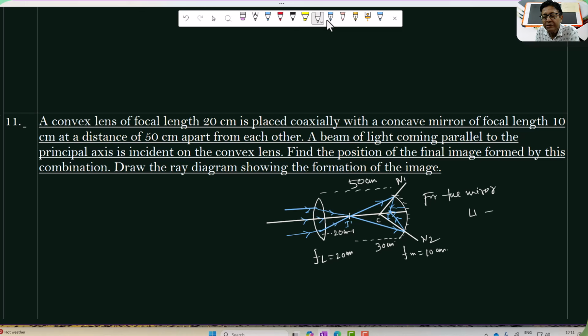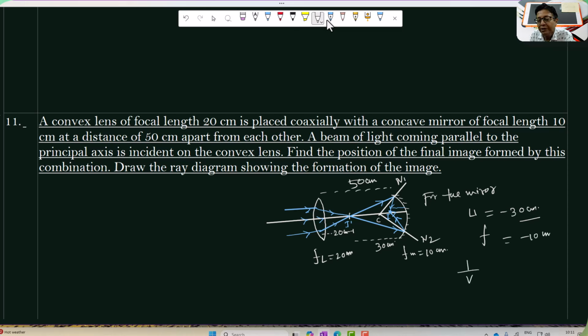So for this mirror, U is minus 30 centimeter. F is what? The focal length they have given, this will be minus 10 centimeter.